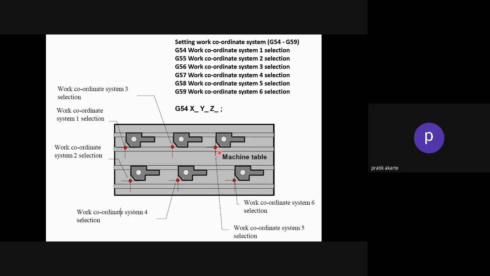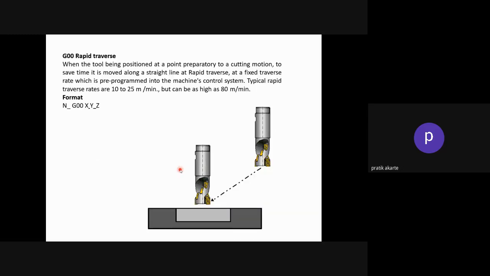So the advantage is you need not stop the machine, nor remove one part and place the other. Multiple small parts are placed, and one after the other the machine will start its machining operation. That is what we call the work coordinate system.